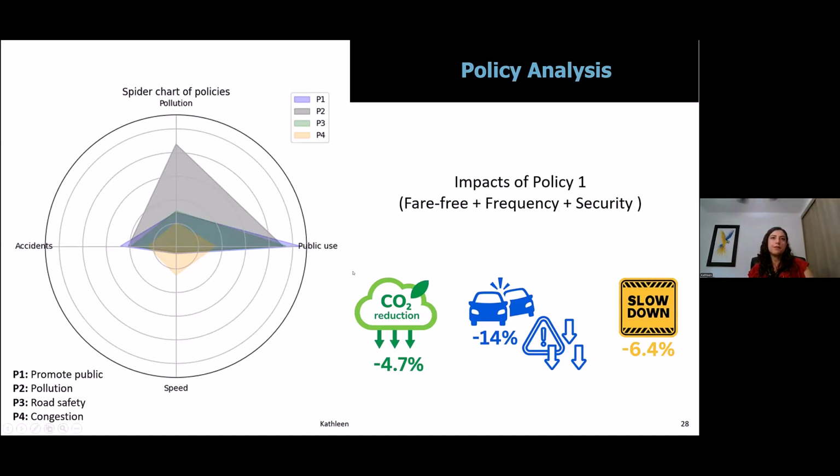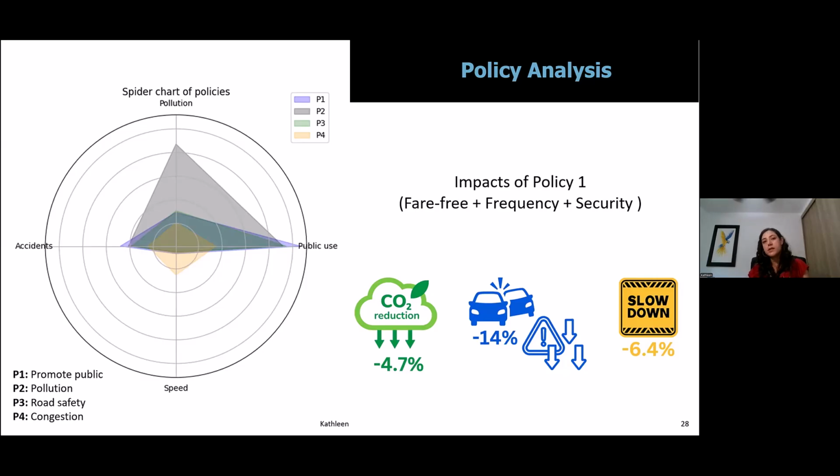For example, for the first combination, we have the fare free, the frequency, and security all together. And we could have some positive impacts, such as a CO2 reduction of almost 5% per year and a 14% decrease in road accidents. And in this case, none of the interventions had a positive impact on traffic congestion.